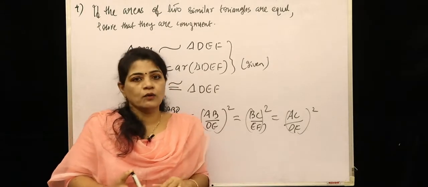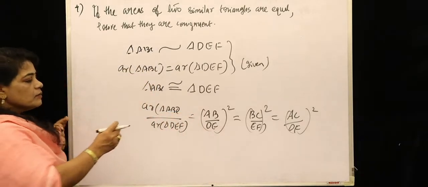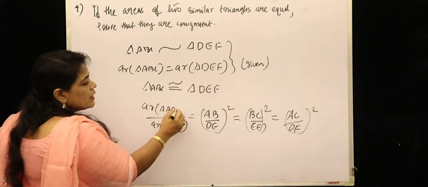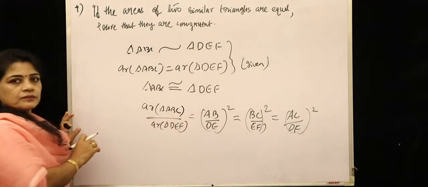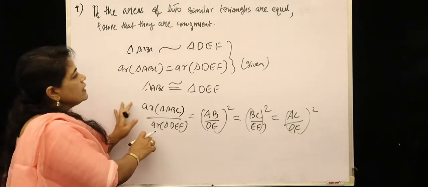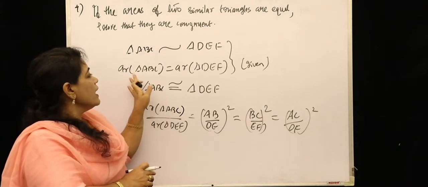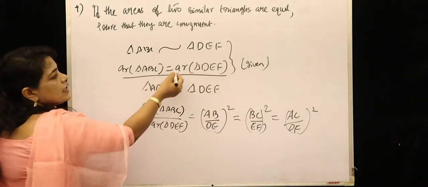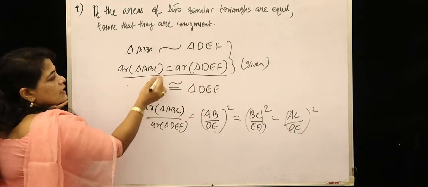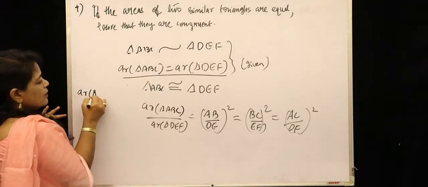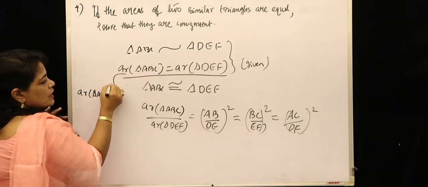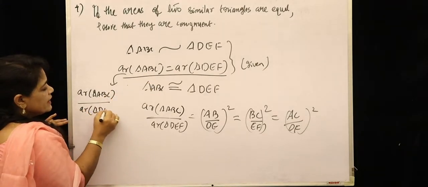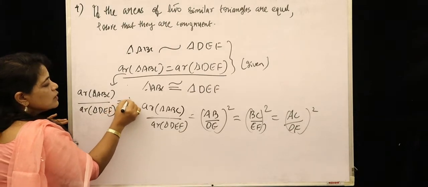Here, area of triangle ABC divided by area of triangle DEF. Being these areas are equal, area of triangle ABC equals area of triangle DEF. If you take this in the denominator, area of triangle ABC divided by area of triangle DEF, can we equate this to 1?